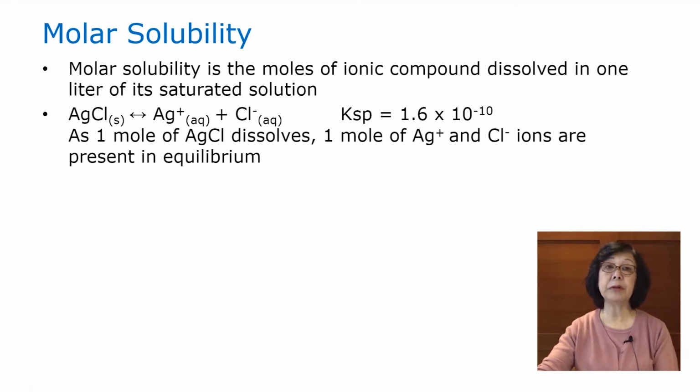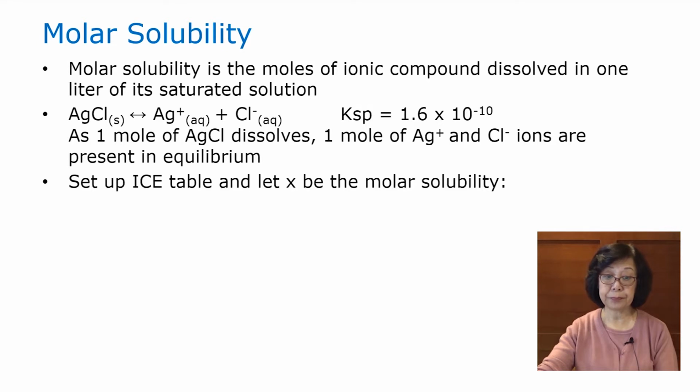So for example, if we have silver chloride dissolved in water, we write the equation as formation of silver ion and chloride ion, and KSP is given at 1.6 times 10 to the minus 10. Now these values are listed in your textbook that you can look up from a table. From the stoichiometry of the equation, we understand that as 1 mole of silver chloride solid dissolves, 1 mole of silver ion and 1 mole of chloride ions are formed at equilibrium.